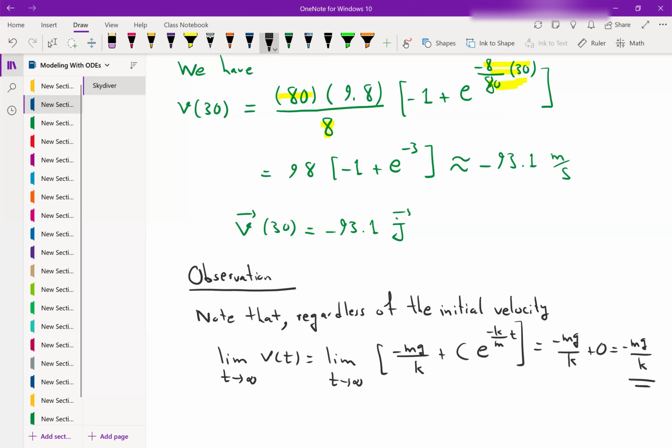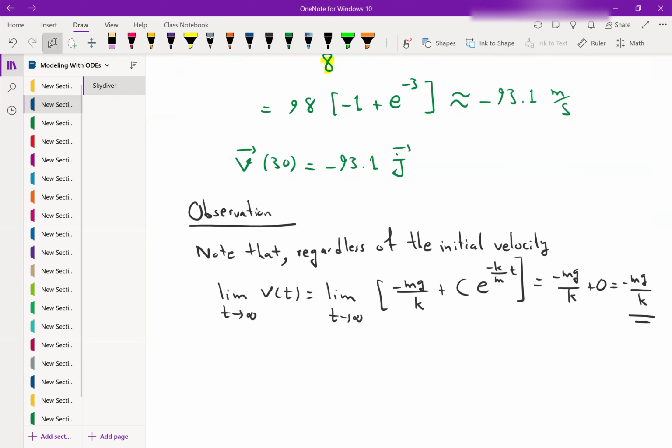And maybe the intuition tells us that as time passes by, the velocity increases, gets bigger and bigger. But what we see here is that when we consider air resistance, when we consider the force due to air resistance, there is a terminal value for the velocity. This is what we call the terminal velocity. So let me also write this.